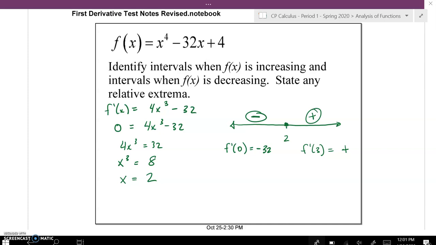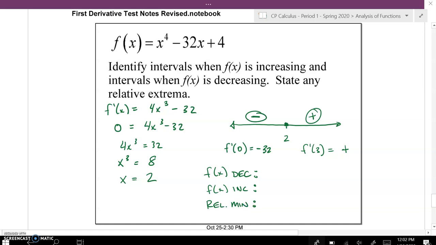All right, so now I just have to write out where the function is decreasing, increasing, and the relative extremum. Where's it increasing, where's it decreasing? In this case, I'm going from decreasing to increasing, so I'm going to have a relative min.